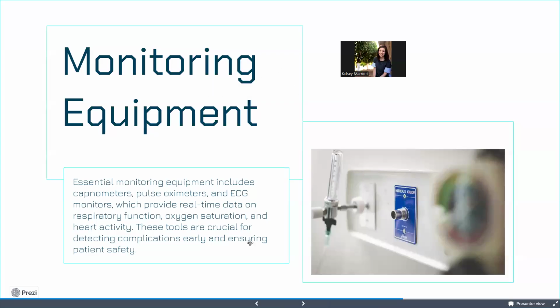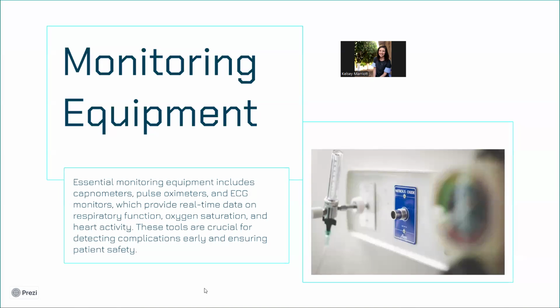The equipment you're often going to be using is our capnometers, our pulse ox, and ECG. That's going to give us real-time function, and that's going to be our main use of a lot of the things we have access to in our surgery room. In my first clinic, I never touched the ECG machine. I didn't even know how to clip it on. We didn't have one.